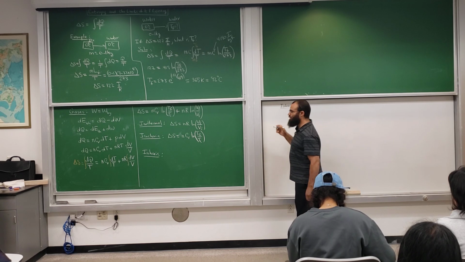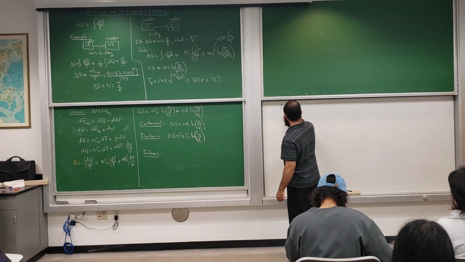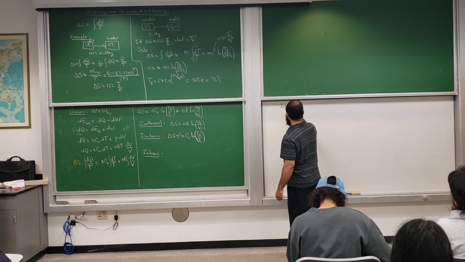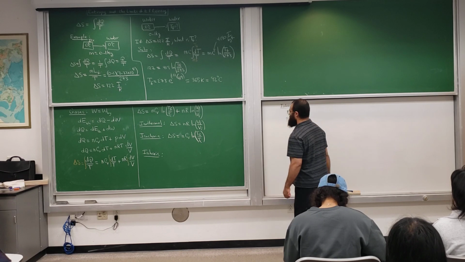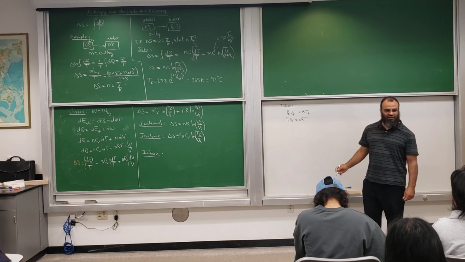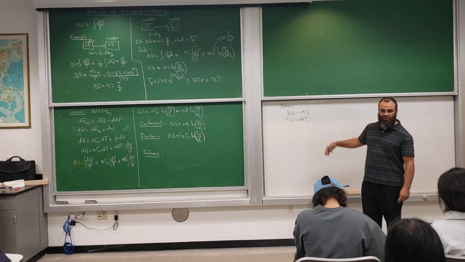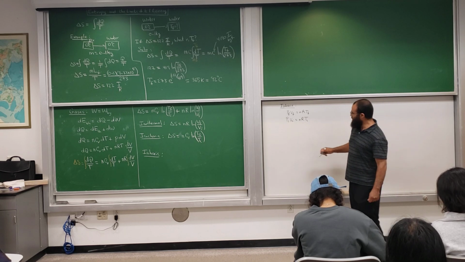Not harder, a little more steps. So I have P final V final equals nR T final, and P initial V initial equals nR T initial, right? This is the ideal gas law twice. Let's divide the two equations by each other.